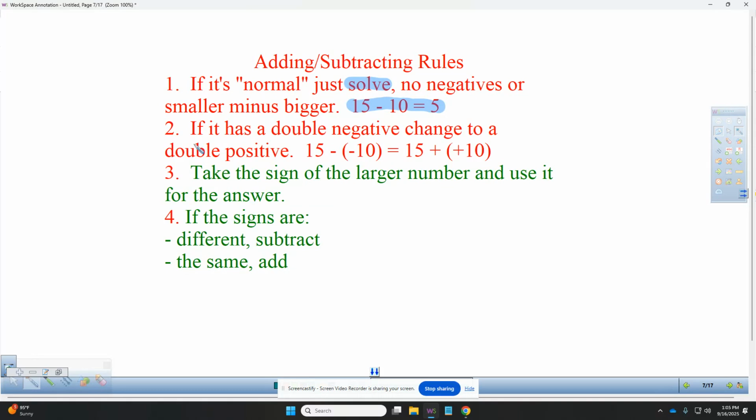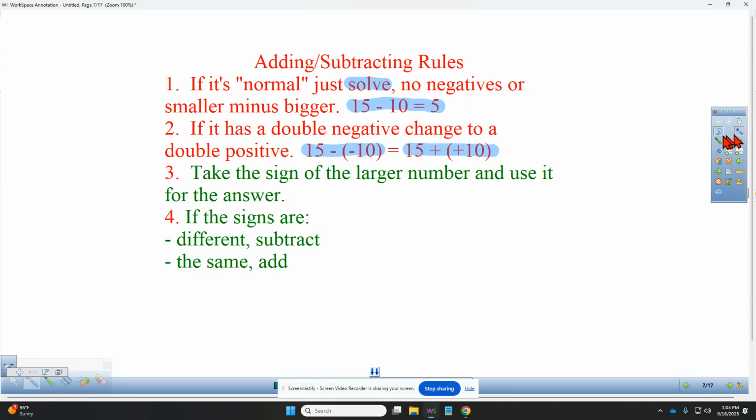Step 2 is if it has a double negative, change it to a double positive. So if it looks something like 15 minus a negative 10, we change that to 15 plus a positive 10.